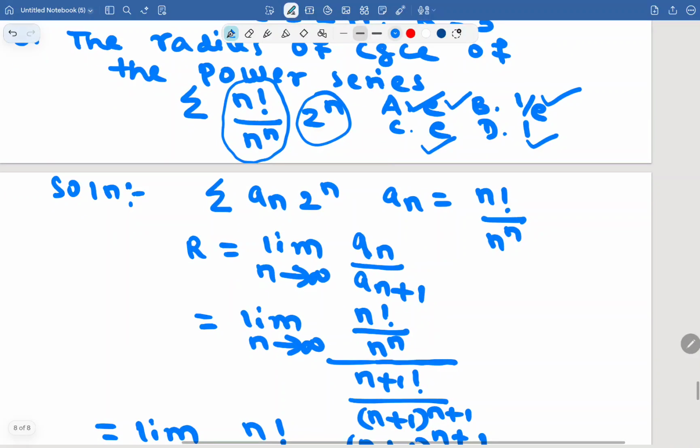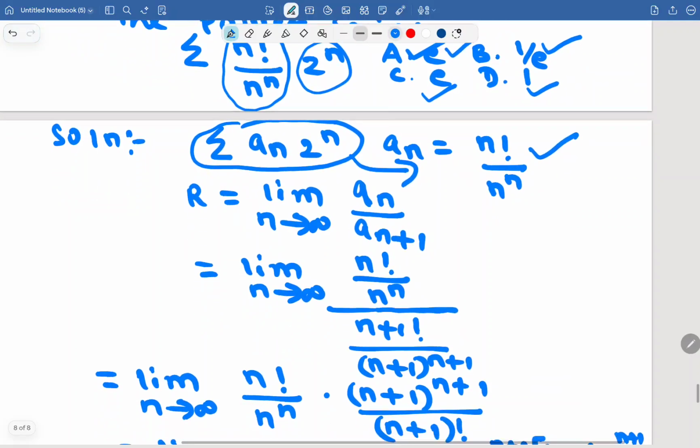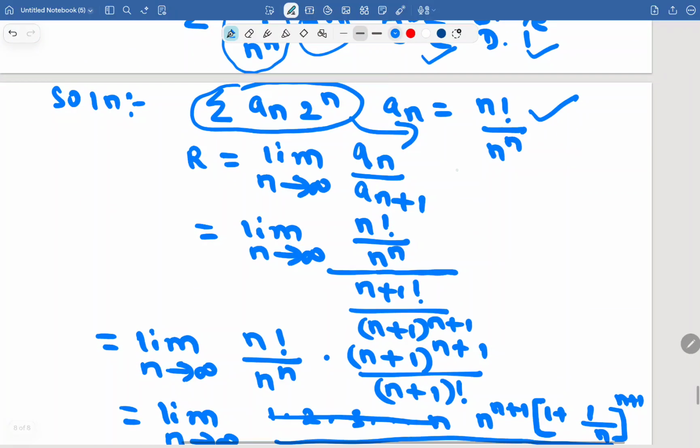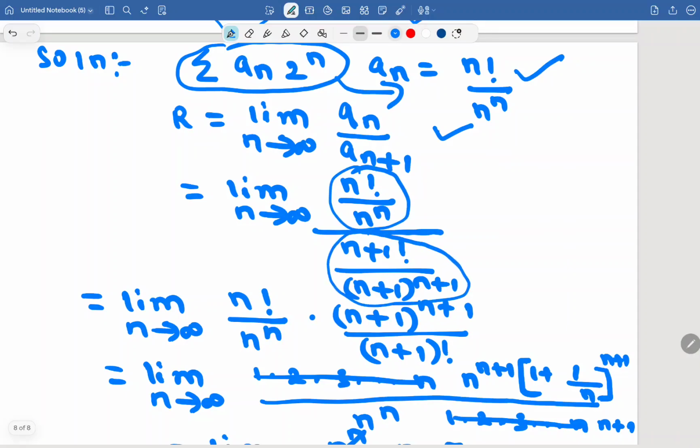If you compare the given power series with summation an z power n, we get an equal to n factorial by n power n. We have to find the radius of convergence. The formula is r equal to limit n tends to infinity of an by an plus 1.